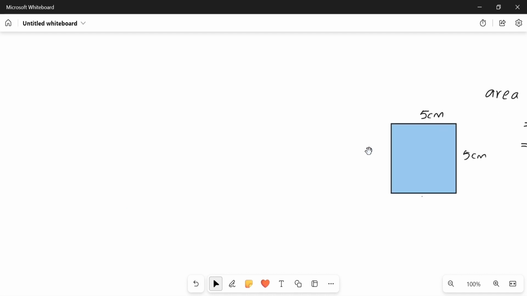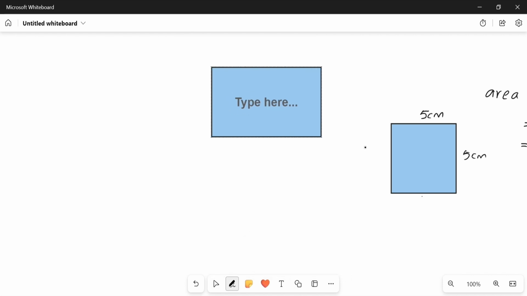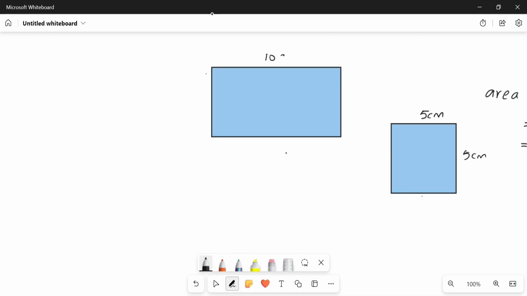Now, if you think of a rectangle, now look at this rectangle. This rectangle, the length is say 10 centimeter and the breadth is 8 centimeter.